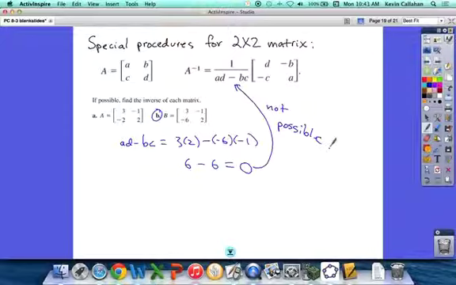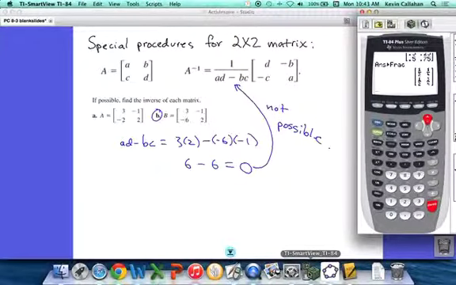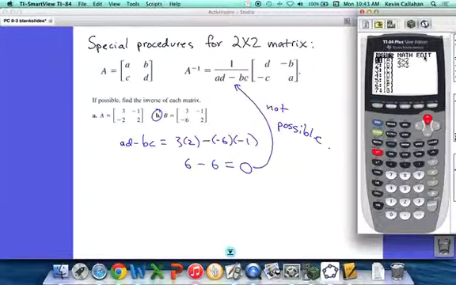So we don't have the same kind of procedures for 3 by 3s. I mean, I think there are those kinds of procedures, but even calculating the determinant is so much more complicated with a 3 by 3. I think the calculator will do it for you. If you go in the calculator and look at the matrix menu, we've used the names and we use the edit, but what happens if you scroll over to the middle column?